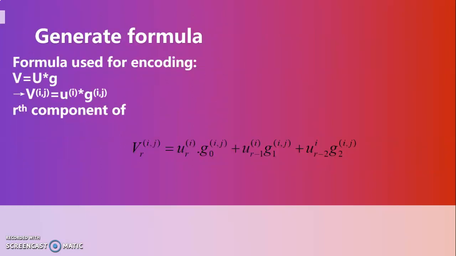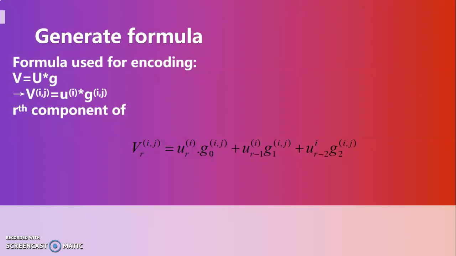Now, to calculate the output, we consider this formula: V equals U into G, where U is the input sequence and G is the generator sequence.